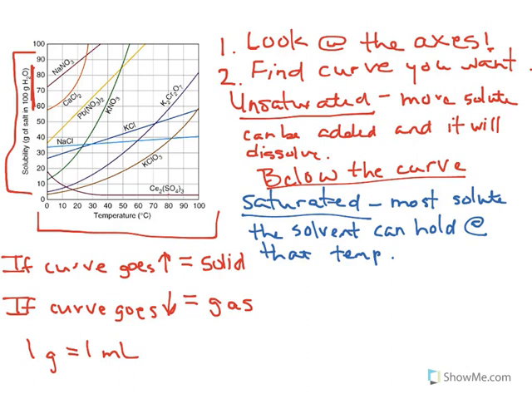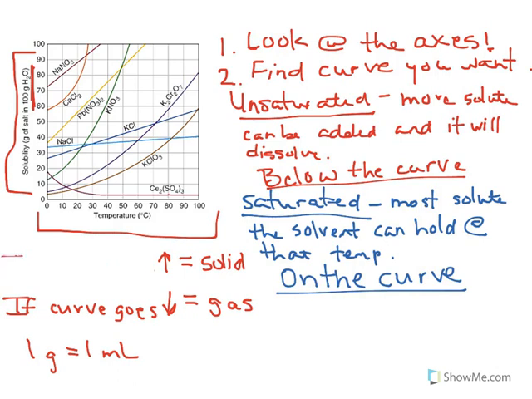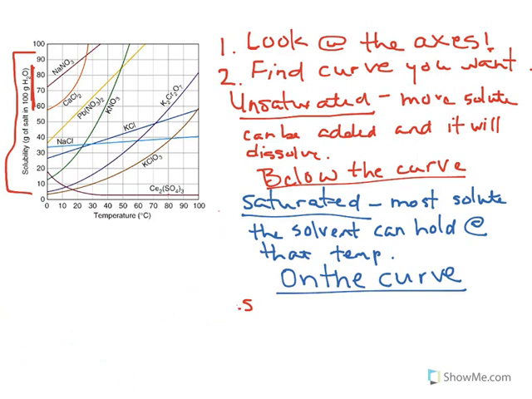So if your measurement hits exactly perfectly on the curve, that is a saturated solution. That's a sweet spot. That is where we have exactly as much solute as that solvent can hold at that temperature. But now this last one, I love this last one because it's so easy to teach in Texas because we've all done this. The last one is called a supersaturated solution.